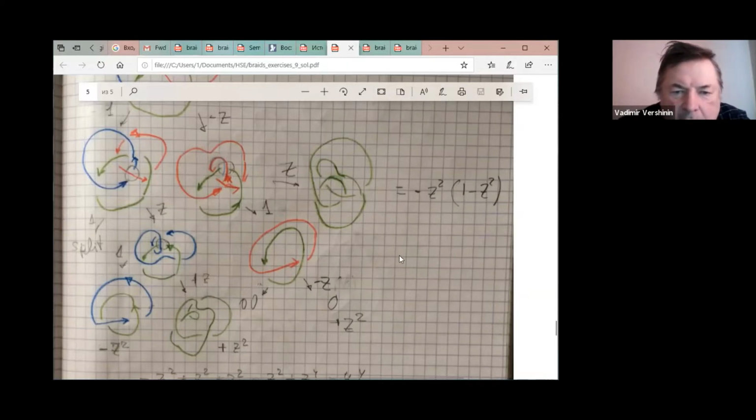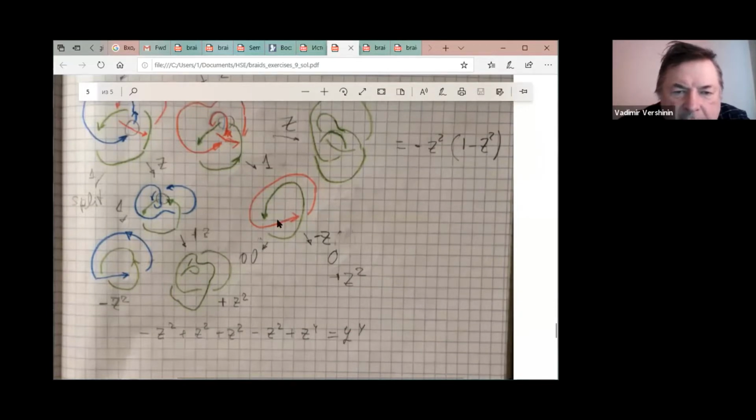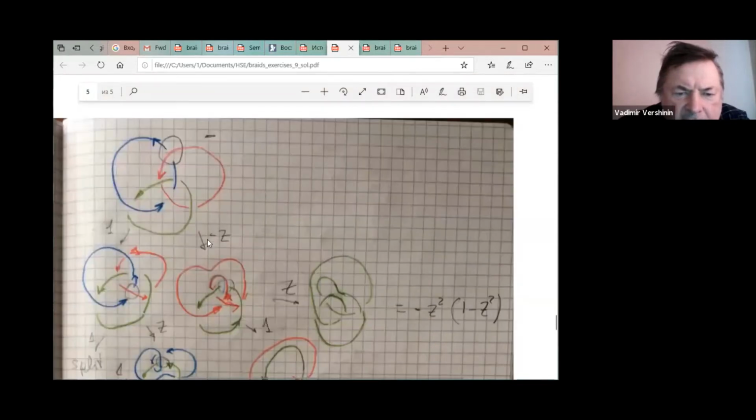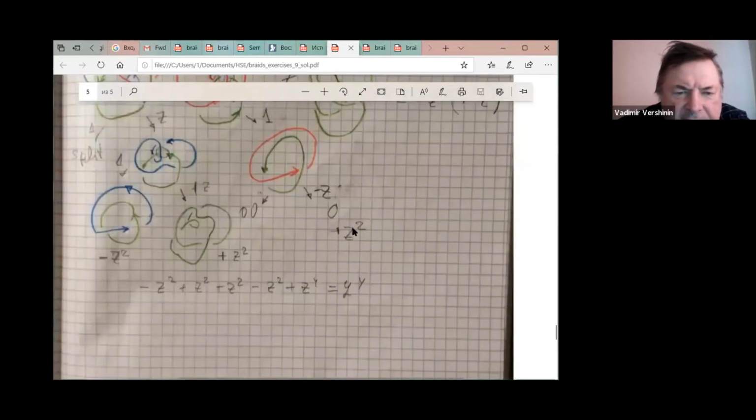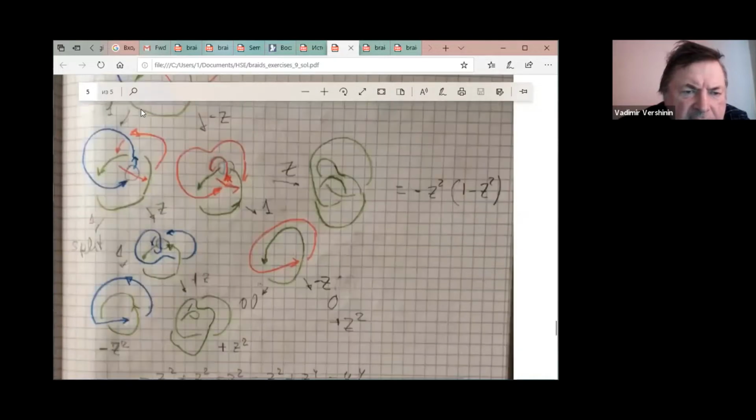So here, what do we have? Here we have our Hopf link negative, so minus z here. And finally, what do we have? Minus z here and minus z here, so finally plus z squared. So here plus z squared. Again here, again Hopf and minus z squared.